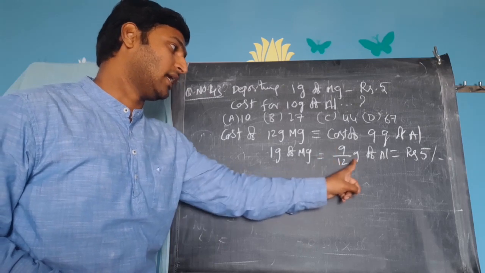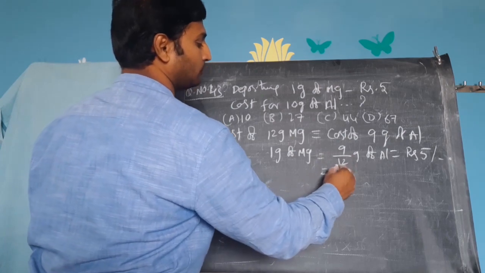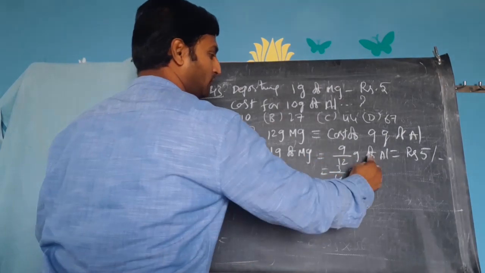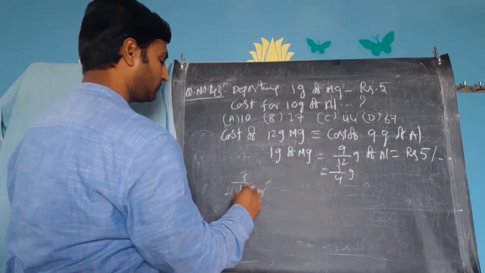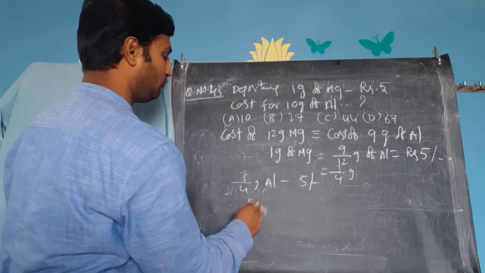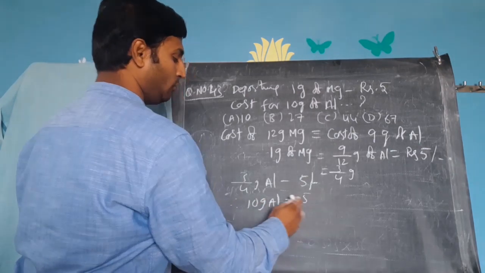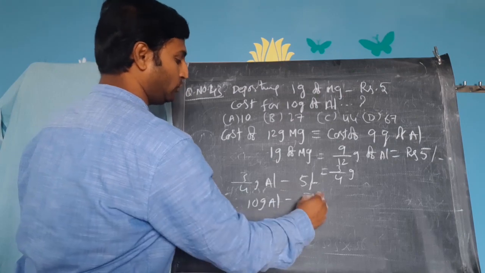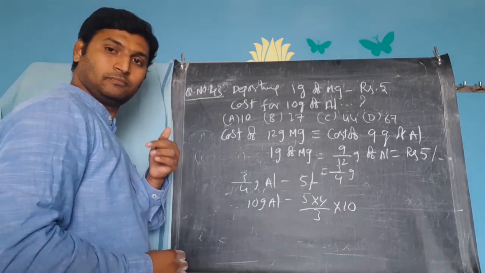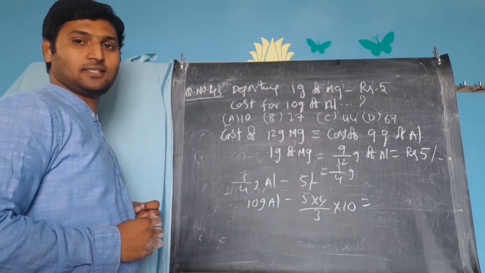So 9 by 12 grams of aluminium takes 5 rupees. 9 by 12 means how much? 3 by 4. Right? So 3 by 4 grams of aluminium takes 5 rupees. Therefore 10 grams of aluminium takes how much? 5 by 3 by 4, so 5 into 4 by 3 into 10. Simplify it and get your answer.